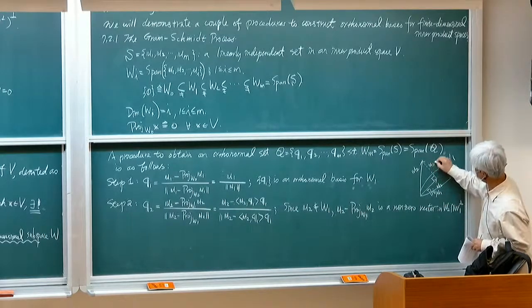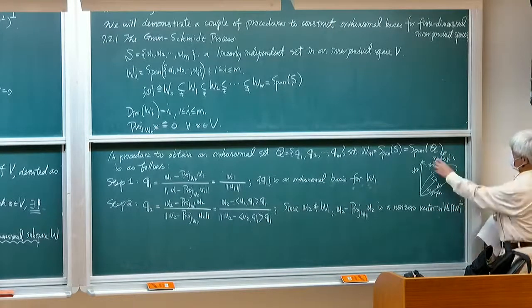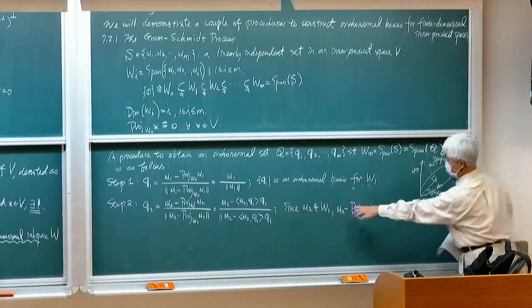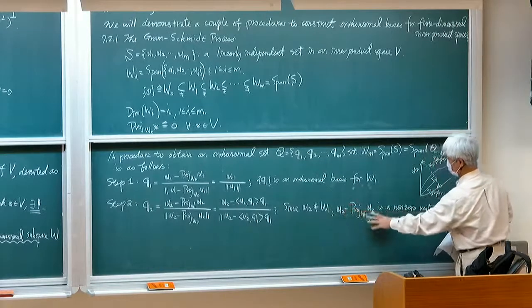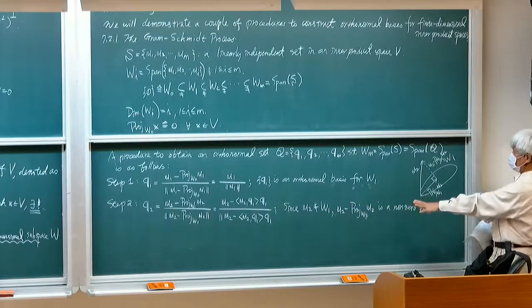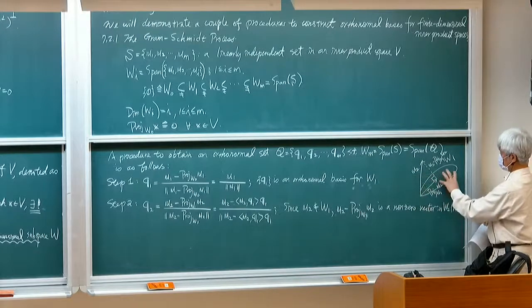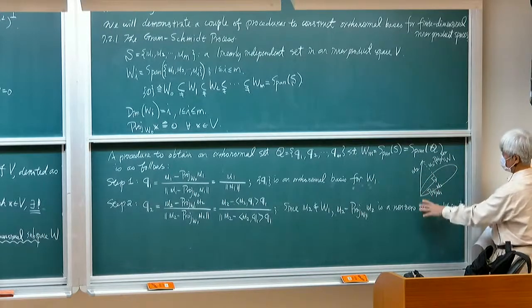This is U2 minus the projection of U2 onto W1, which is of course non-zero because U2 is not in W1.